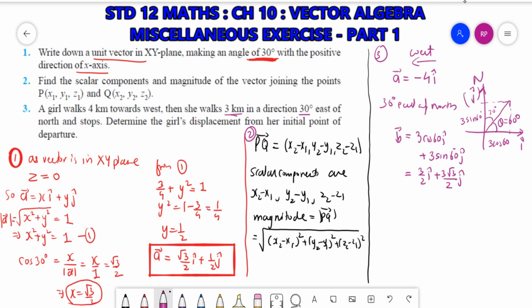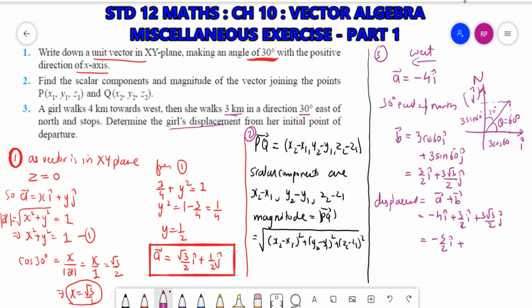Clear? Now determine the girl's displacement. The displacement will be equal to A plus B, so minus 4i plus 3 by 2 i plus 3 root 3 by 2 j. Minus 4 plus 3 by 2 is minus 8 plus 3 over 2, that is minus 5 by 2.